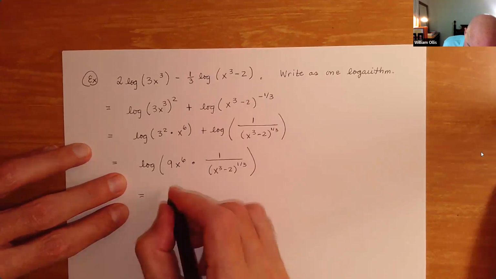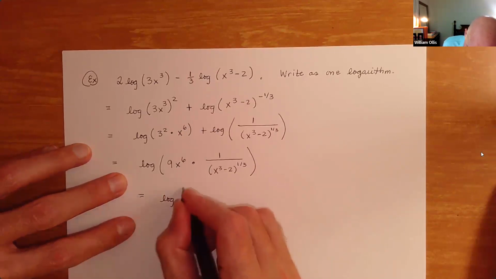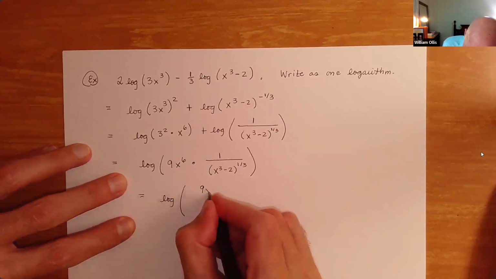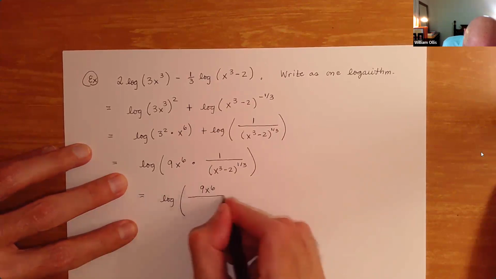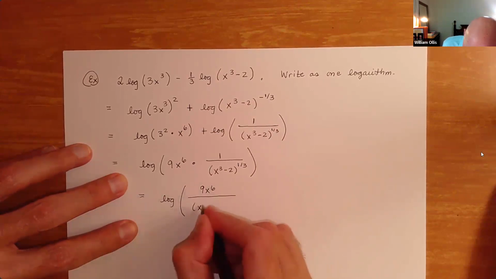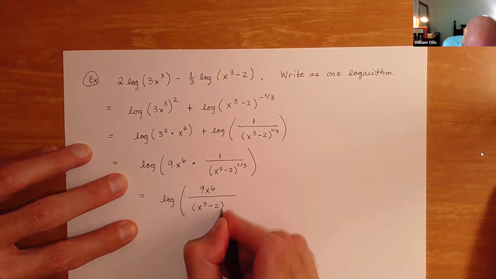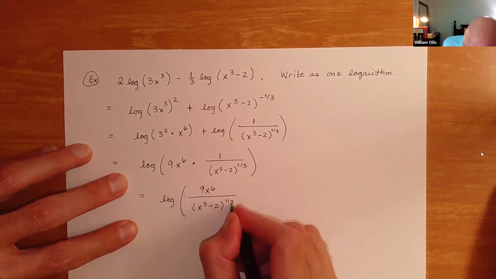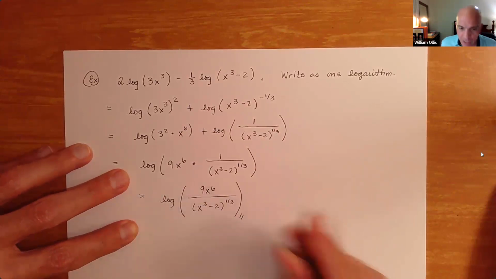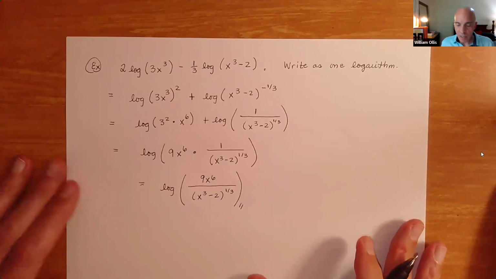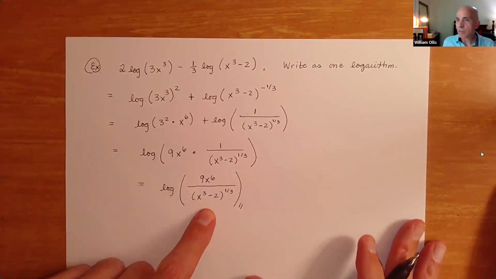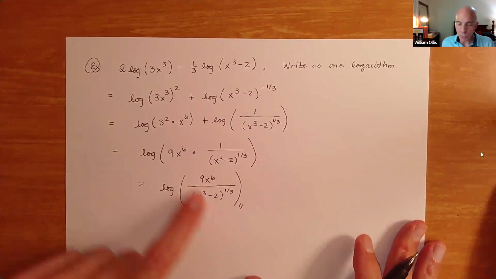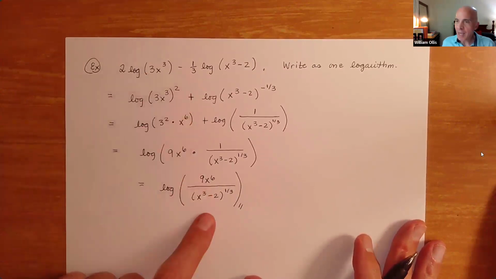And now we can write this as one fraction. So x cubed minus 2 to the 1/3. So that gives us the compressed expression. That is, we write the 2 logarithms as 1 logarithm.